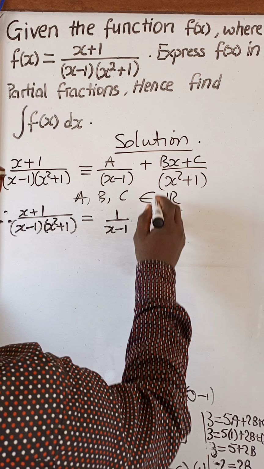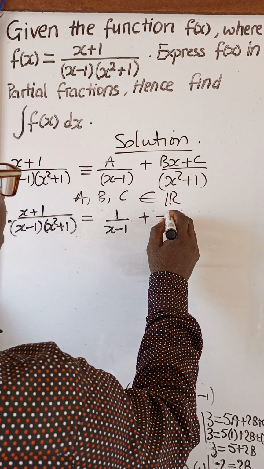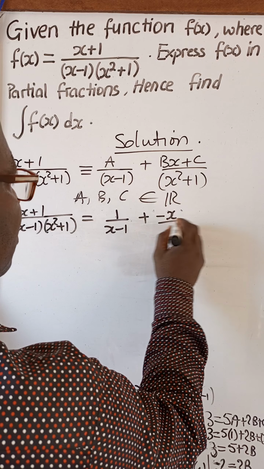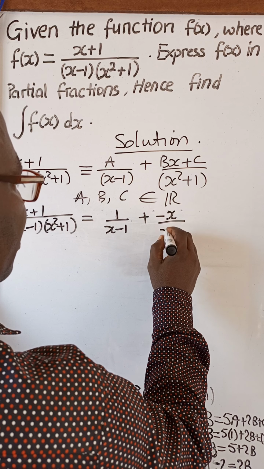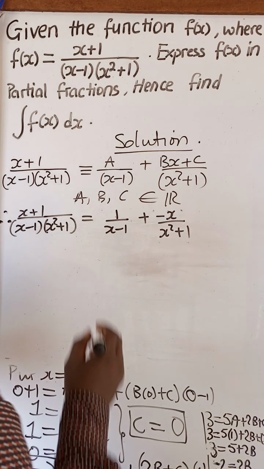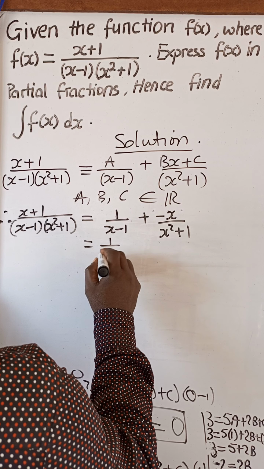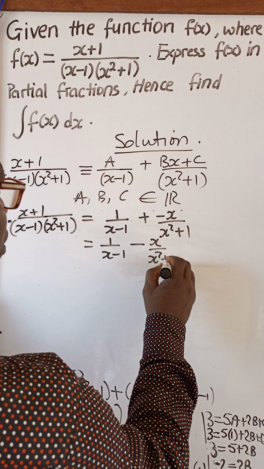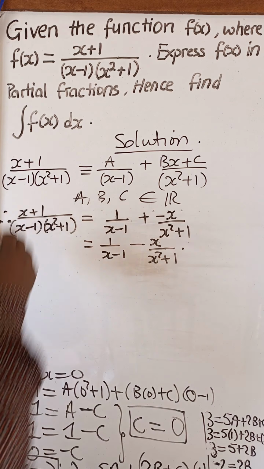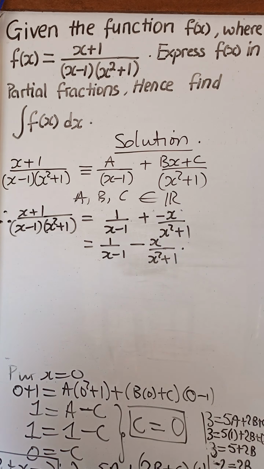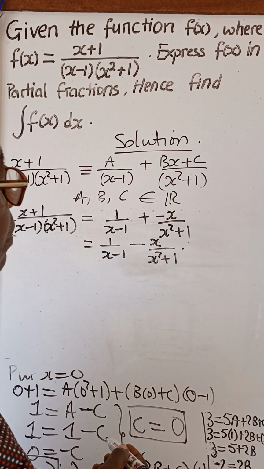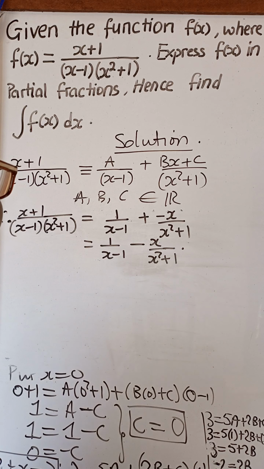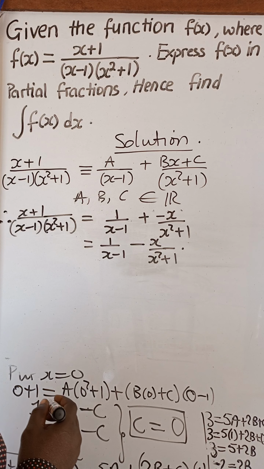We find our b to be negative 1, so we have negative x, and c was 0, all over x squared plus 1. This will just give us 1 all over x minus 1 minus x all over x squared plus 1. So that expression in its partial fractions will be 1 all over x minus 1 minus x all over x squared plus 1. Alright, that does it for the first part.